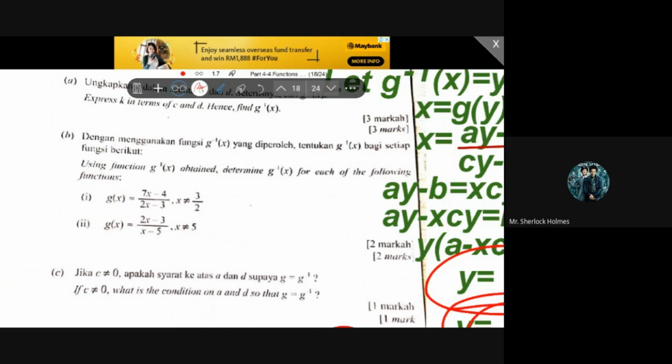This one just state the answer only. 1 markah. Come on, challenge yourself untuk C. Walaupun 1 markah saja.